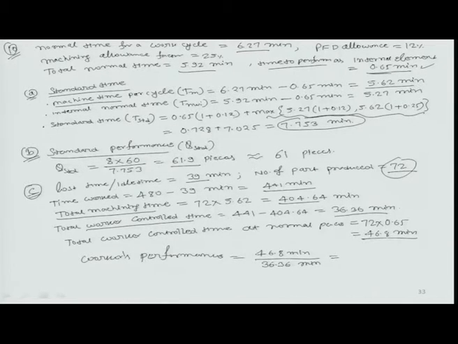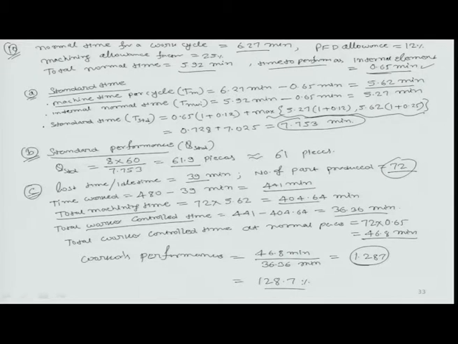So this is equal to 1.287. If you multiply it by 100, you can convert it into a percentage, 128.7 percent. That means you can say that the worker's performance has increased by 28.7%.